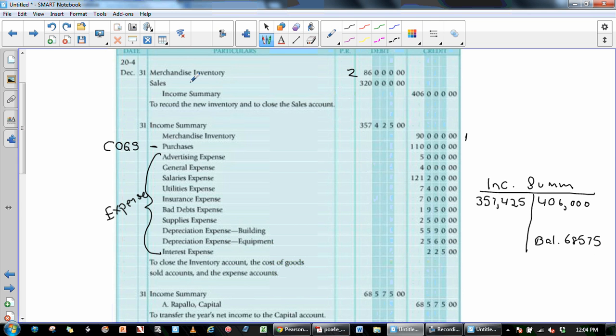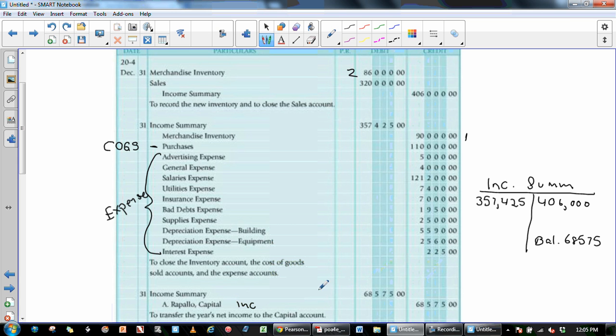Because in the end, all of this either is increasing my capital or decreasing my capital. So I'm going to debit my income summary 68,575, and credit my capital. So crediting capital increases capital.